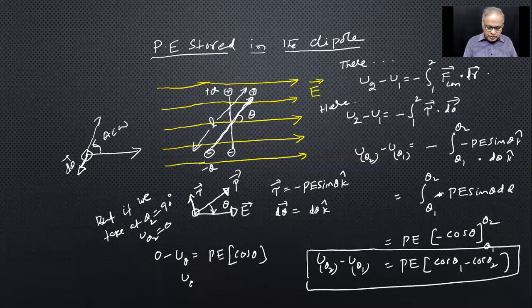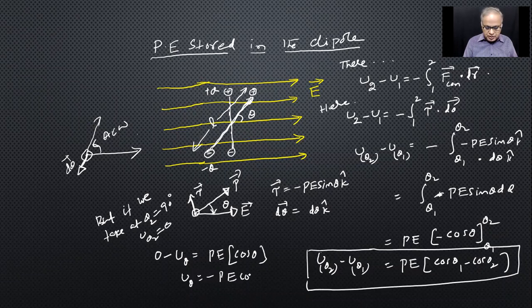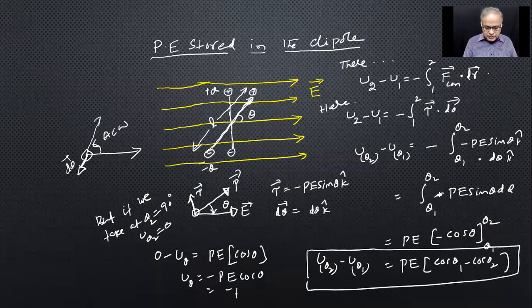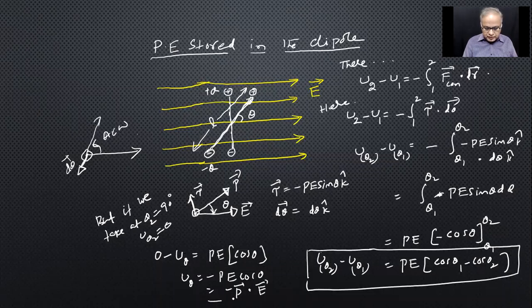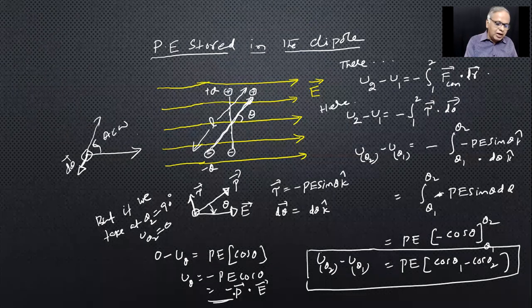So U at theta equals now minus PE cos theta, which is minus P dot E. Very simplified formula again.